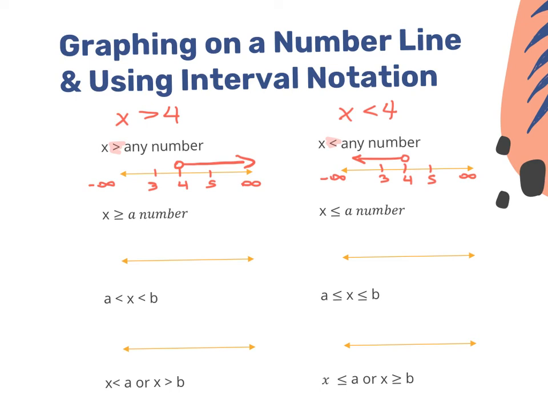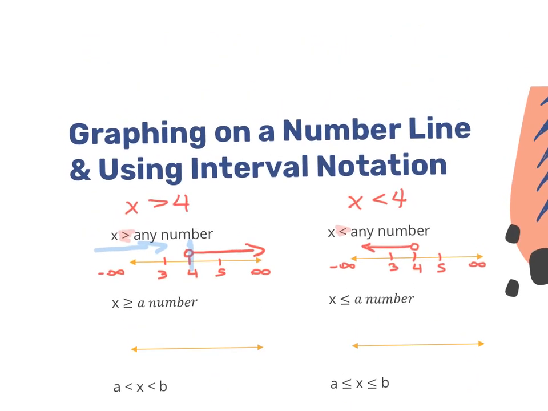So for interval notation, think about reading your graph from left to right. The first thing on this first graph that I encounter as I'm going across from left to right is right here at the 4. Whenever the symbol is either a greater than or a less than, the grouping symbol around it is going to be a parentheses.